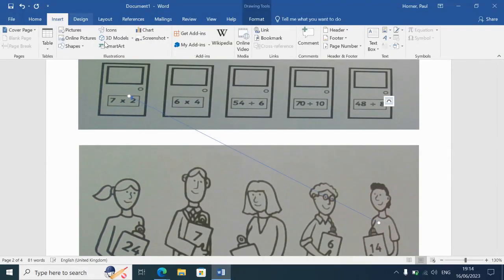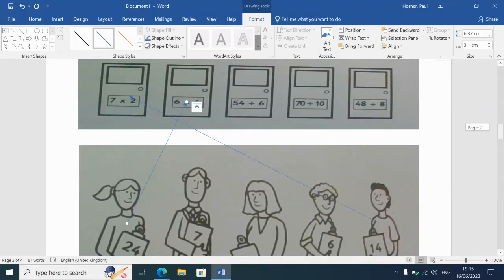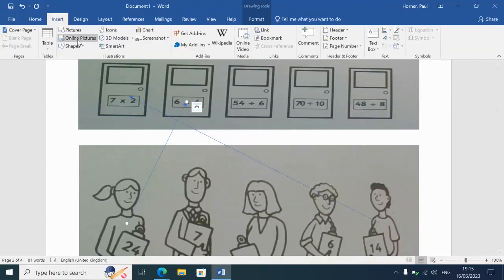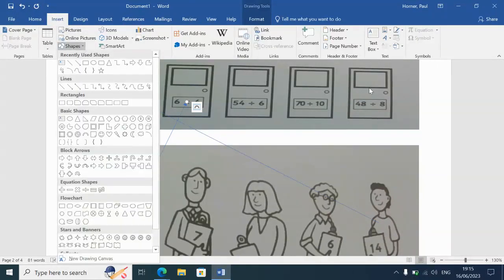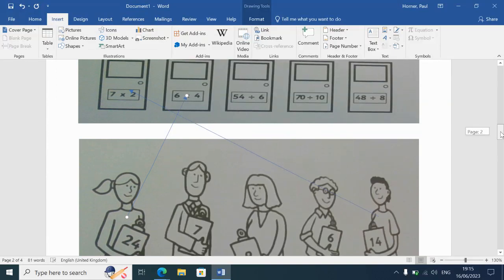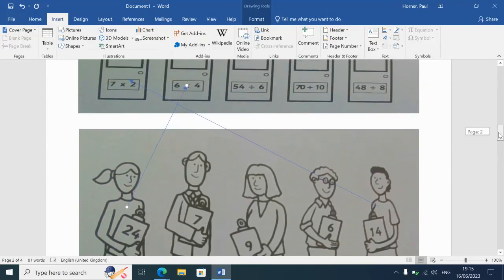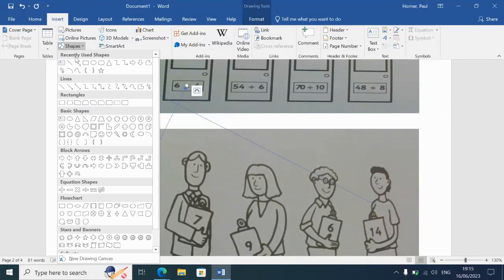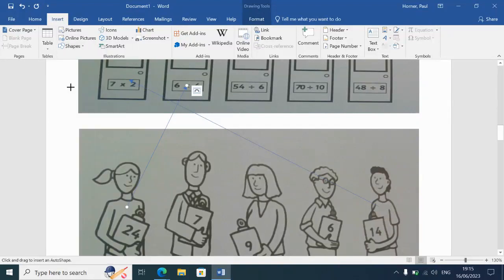And what about the next door? 6 times 4 is 24. Okay, the first teacher goes to classroom door 24. And what about the next sum? 54 divided by 6 is 6. So the fourth teacher goes to classroom door 6.